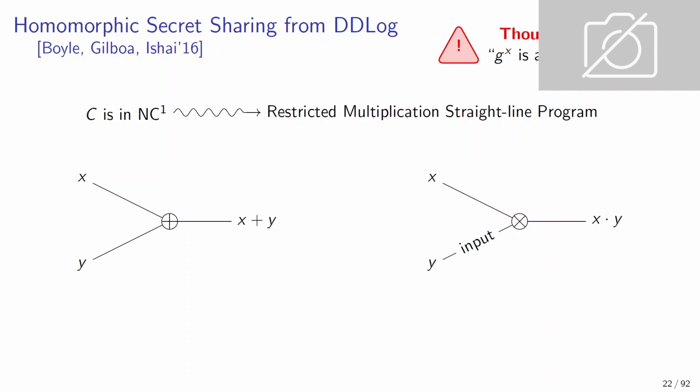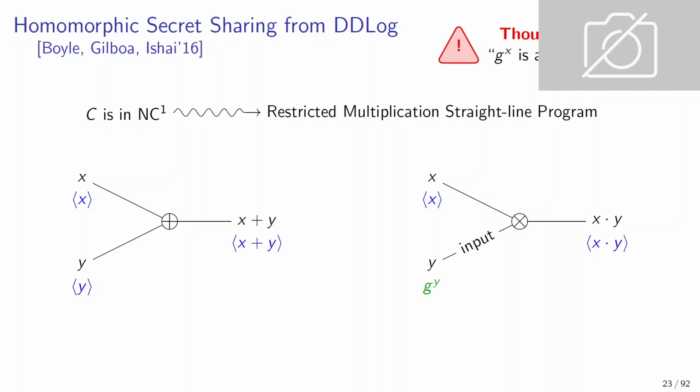Provided we had a circuit built up of these two types of gates, how do I do HSS from ddlog? As I sketched earlier, for linear gates you just add up your shares locally, and you're good to go. For multiplications, because one of the inputs to your multiplication is always an input to the circuit, I can assume I was given an encryption of the input value.